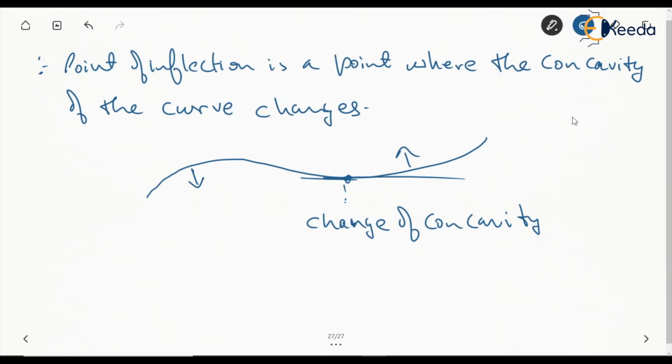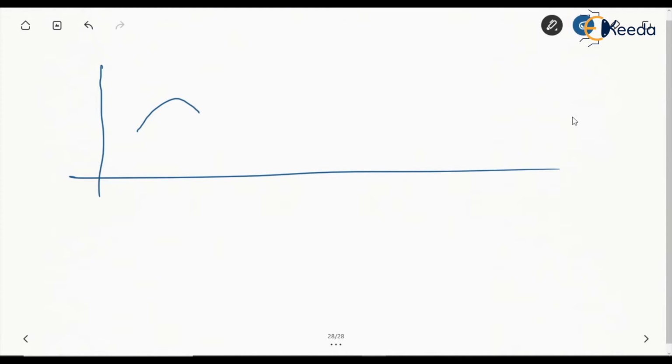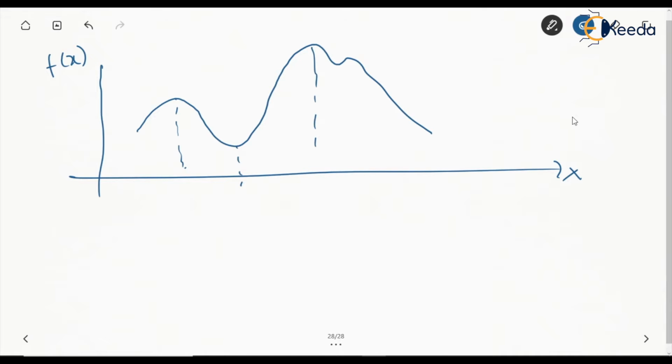Also for this maxima and minima, let's check a general graph. Let's say this is x, this is f of x. Then somewhere this point, this one, and let's say this one.